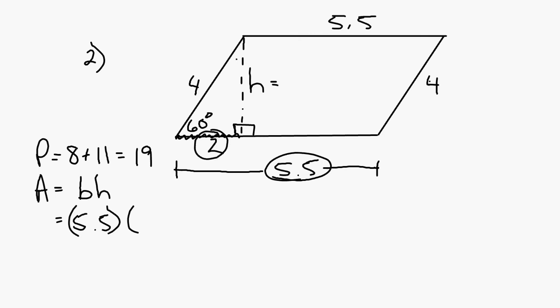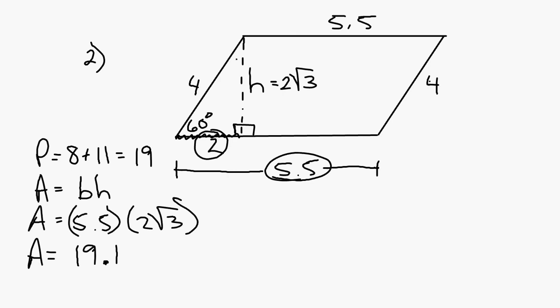So 2 times the square root of 3. That is the height of that parallelogram. So area equals base 5.5 times height, which is 2 times the square root of 3. So the area of that parallelogram is equal to 19.1. Perimeter is equal to 19.